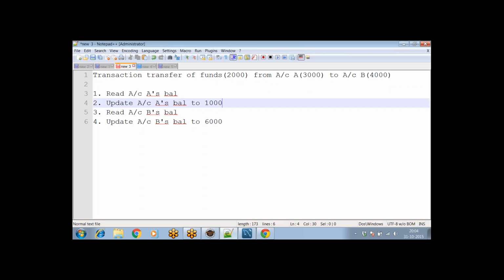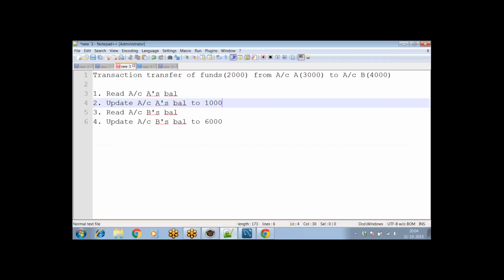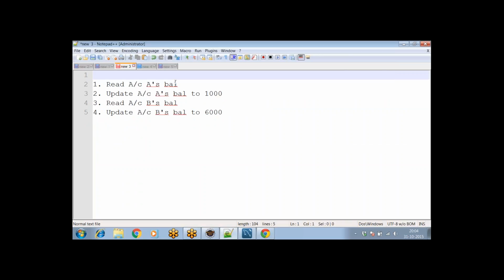We can define the set of DB operations as a single unit by marking them, drawing the transaction boundaries. How can we draw the transaction boundaries? This way: begin and commit.